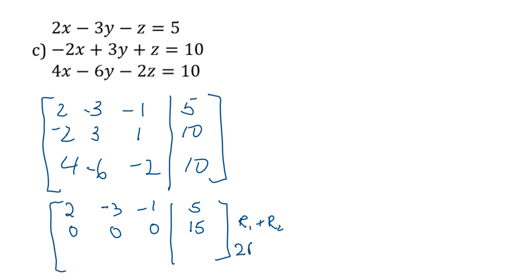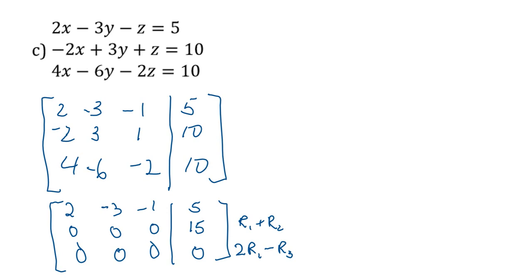So if you double row 1, that would be now a 4. This would be 4. So 4 minus 4 would be 0. Negative 6 minus minus 6 would also be 0. Negative 2 minus minus 2 would also be 0. And 10 minus 10 would be 0.